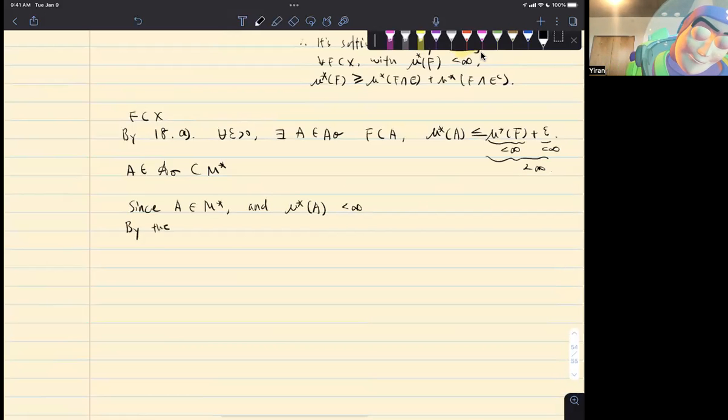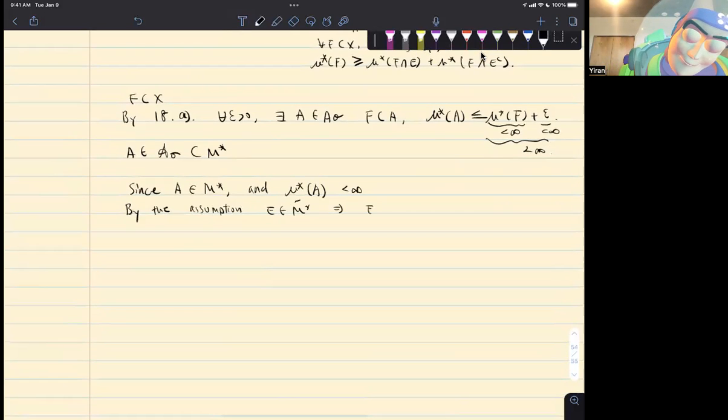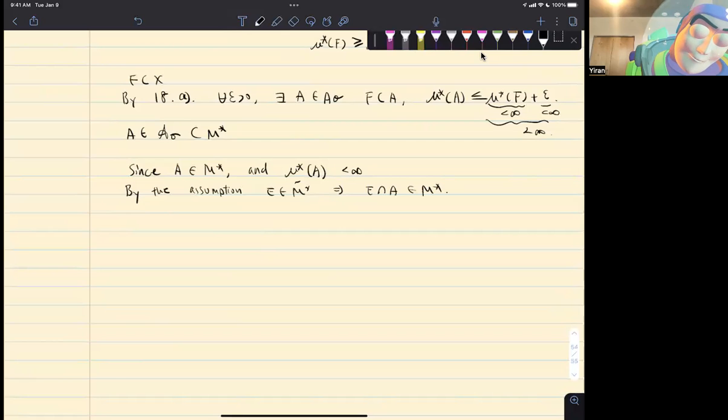By the assumption that E is mu star tilde measurable, we do have that E intersect A is measurable. Okay, and why do we want that?